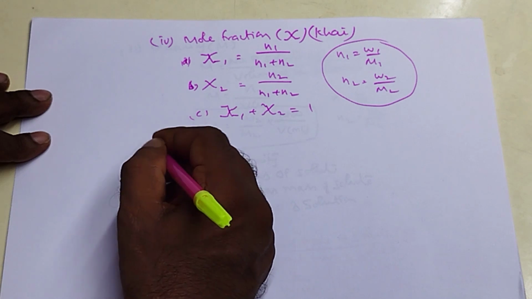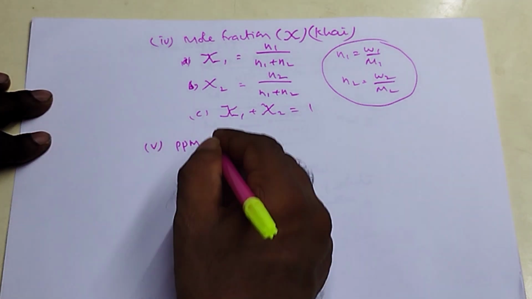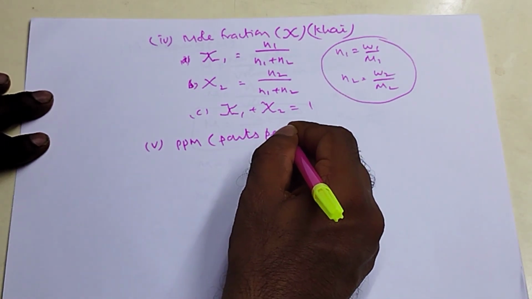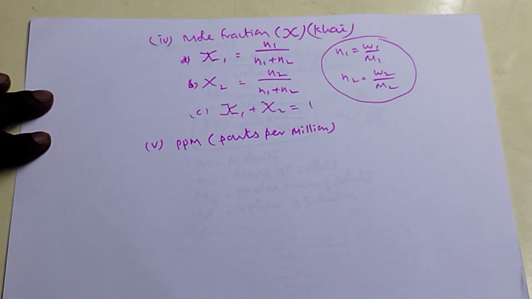The final one is ppm, parts per million. We normally use parts per million for drinking water, which we can call mineral water. Certain minerals we need for a healthy life.